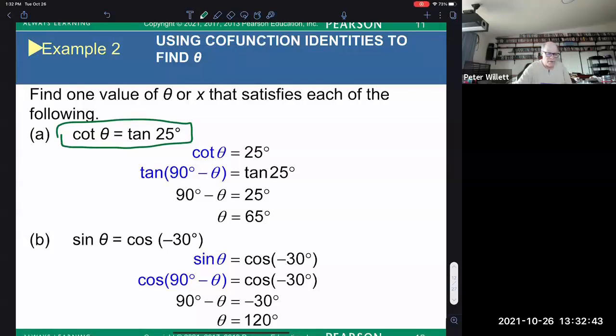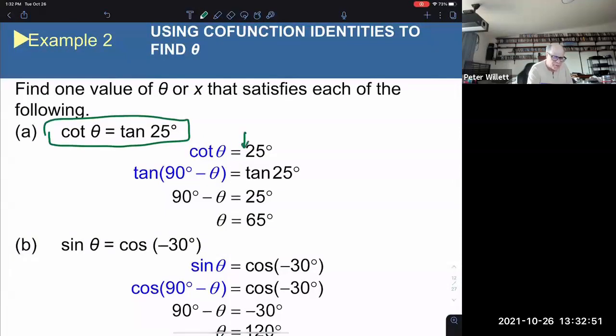So we begin with cotangent of theta is equal to tan of 25 degrees.